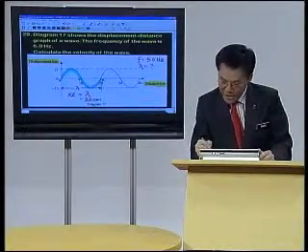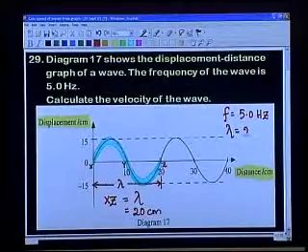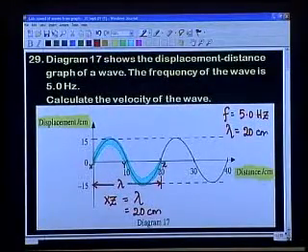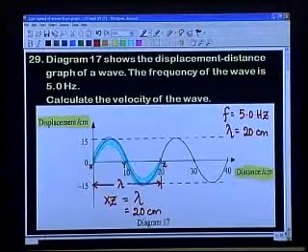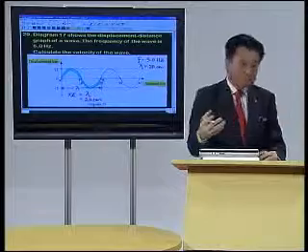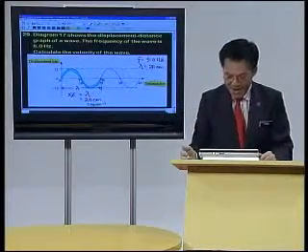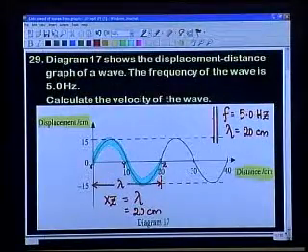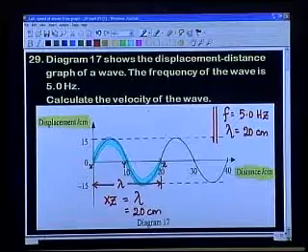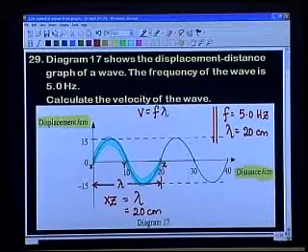So now I will write down on top here, what is lambda, the wavelength? 20 centimeters. Now, the rest of it is very easy because using the formula, the velocity of the wave equals f lambda. I will continue to write on the left-hand side of this page. So what is the velocity? f lambda.